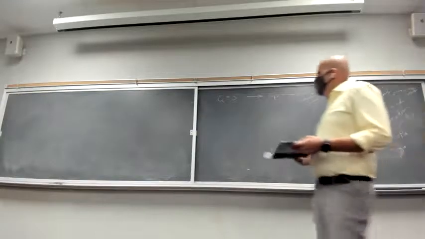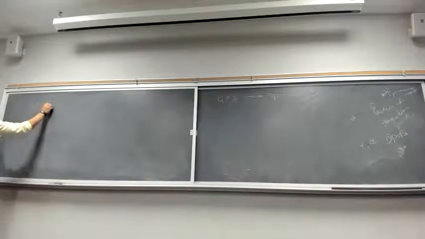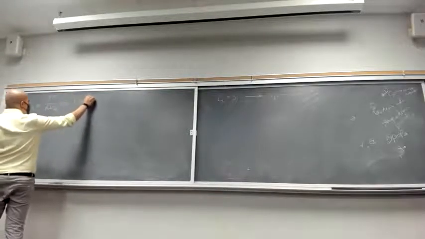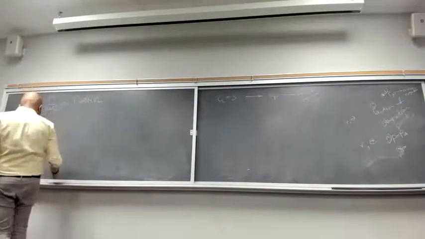Okay, so let's do this. The idea is we have CL equals 5, right? So we have V theta. Let's actually do CL first. CL is gamma over R V infinity. So your gamma is going to be equal to 5 R V infinity, right?